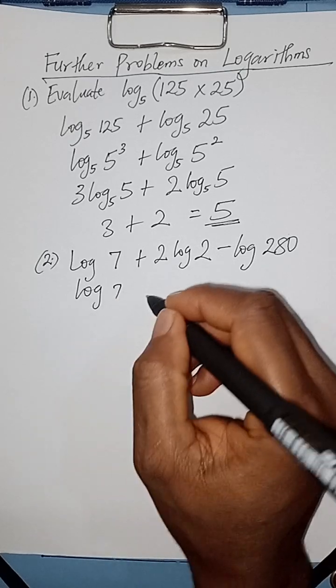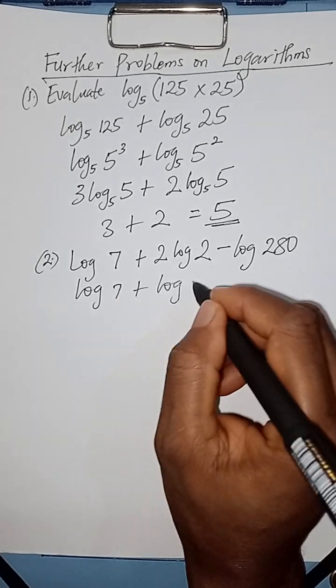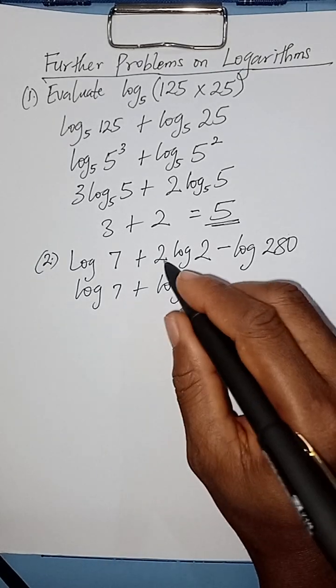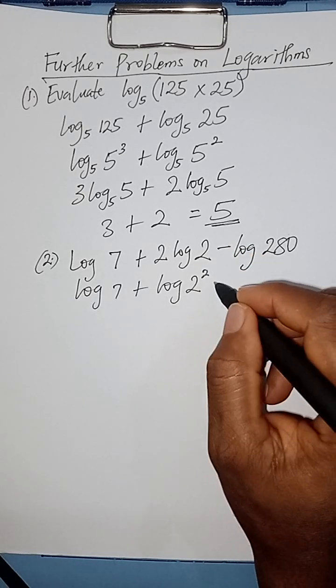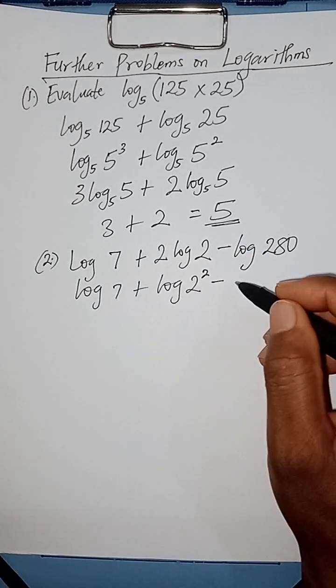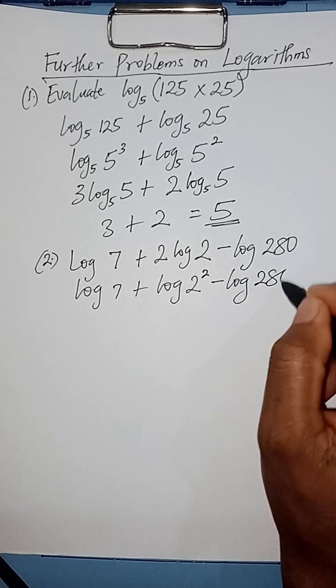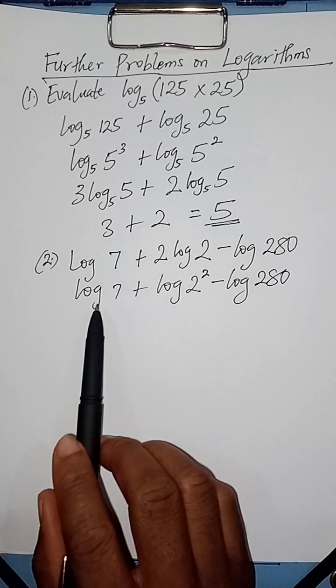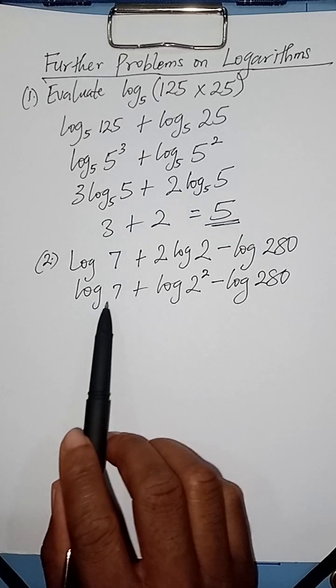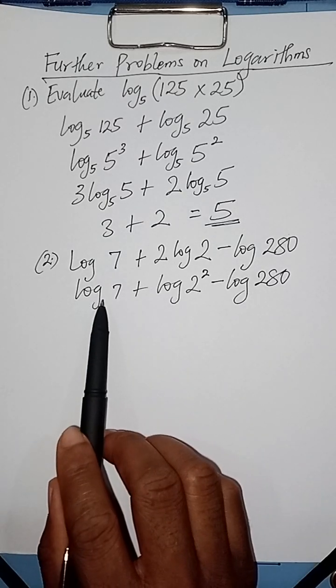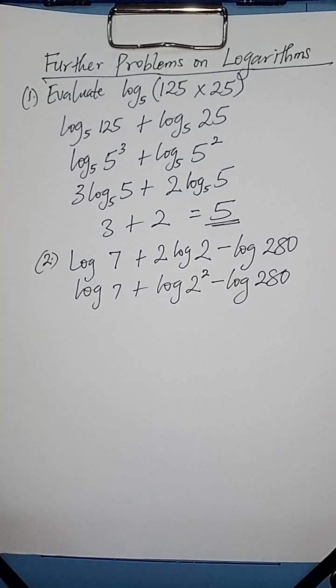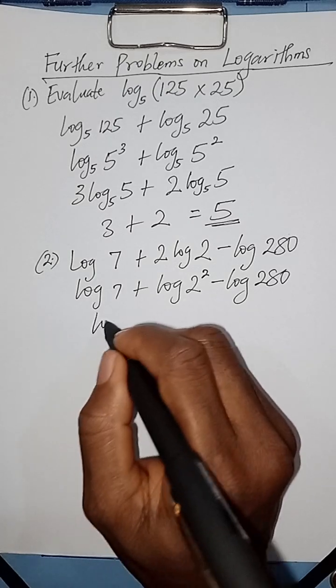Log 7 plus log 2, this 2 comes to here to become the power, minus log 280. Now don't forget, there is nothing written at the base. If there's nothing written at the base, it simply means it is in base 10. That's the meaning. So this is log.